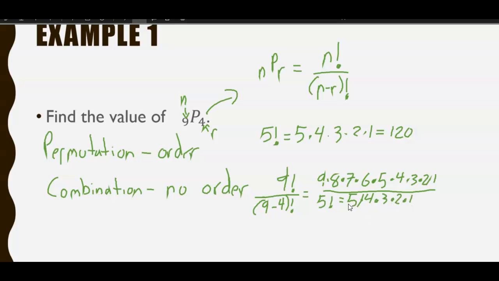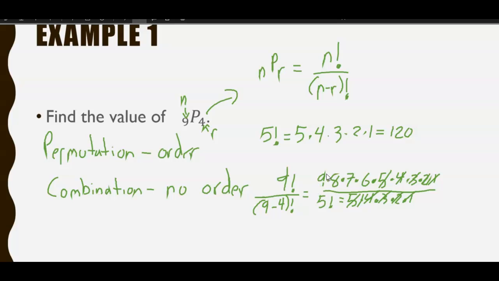Now, doing this by hand, multiplication and division are inverse operations of each other. So if I'm multiplying on top, multiplying on bottom, and I'm dividing, anything that's the same, top and bottom, cancels out and becomes 1. So we have the 5 canceling out with the 5, the 4 with the 4, 3 with the 3, the 2 with the 2, 1 with the 1.